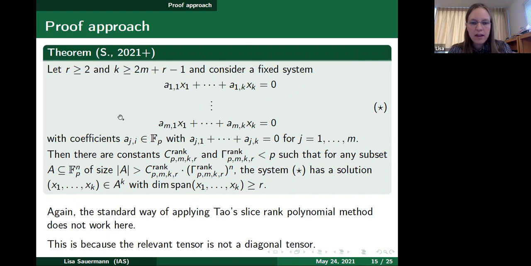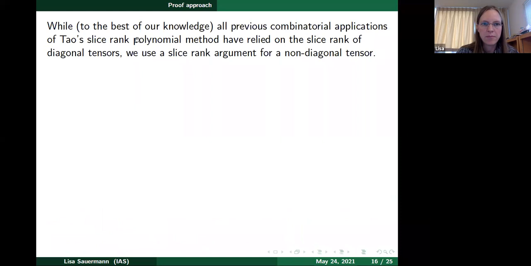Again, if one wanted to apply Tao's slice rank method, the standard way of applying it doesn't work, because the relevant tensor one would have here is not a diagonal tensor. So one can't just deduce this from Tao's slice rank polynomial method in the standard way, the same way one gets the result with not-all-equal variables.